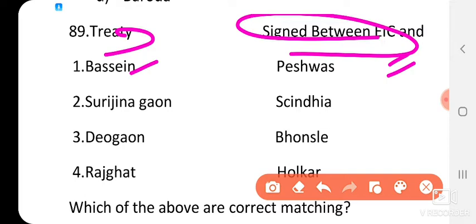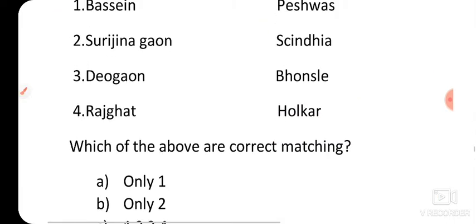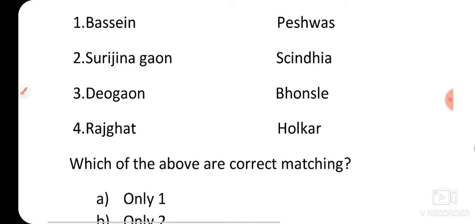The second is the Treaty of Surjanagaon between East India Company and Sindhia. Statement 3, the Treaty of Devgaon was between East India Company and Bhonsle. And statement 4, the Treaty of Rajghat between Holkar and East India Company. You have to choose which one of the above treaties are correctly matched.